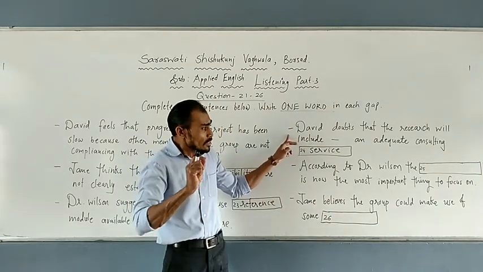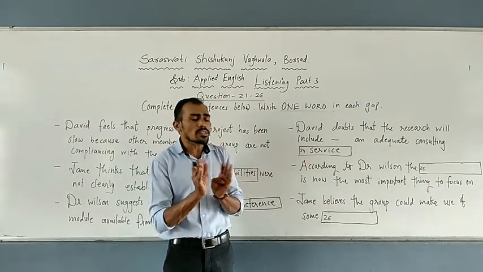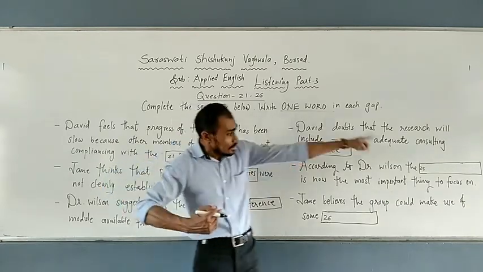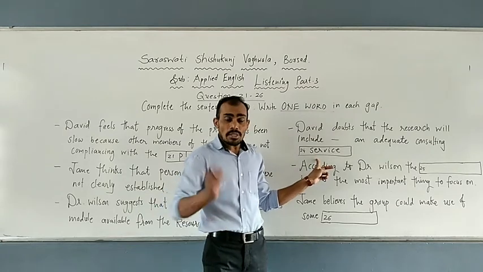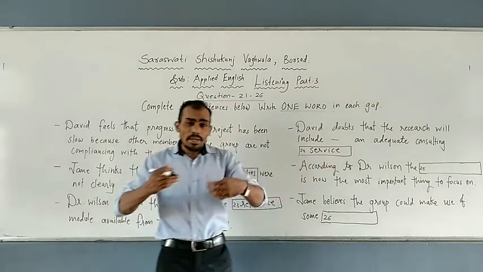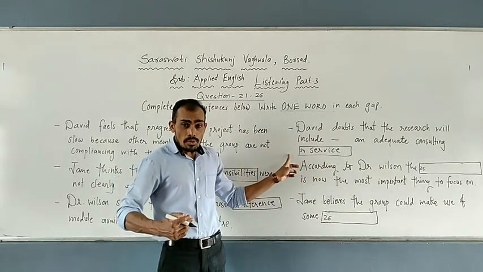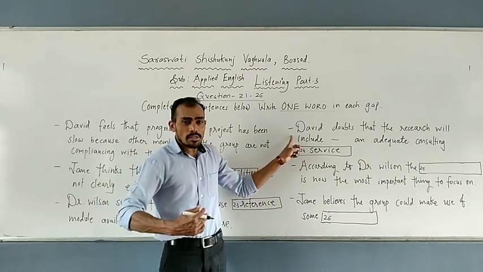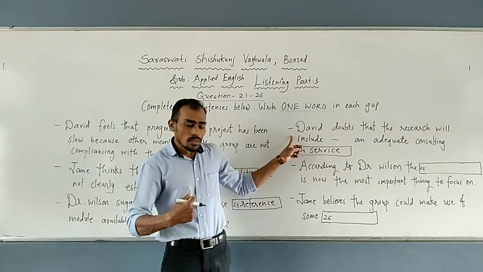David doubts that the research will include an adequate consulting service. So, what is the answer? The adequate consulting is a service that David talks about to Jen and to whom? And Professor Wilson. So David is one of the students.